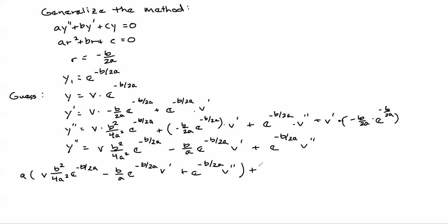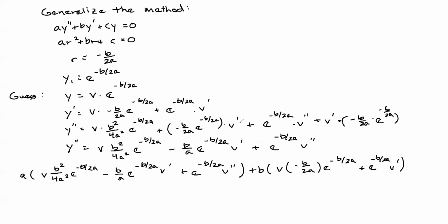Okay, and then we have plus b times y prime. And so what did we get for y prime? We got this. So that's going to be v, I'll just put parentheses here, v negative b over 2a e to the negative b over 2a plus e to the negative b over 2a v prime.